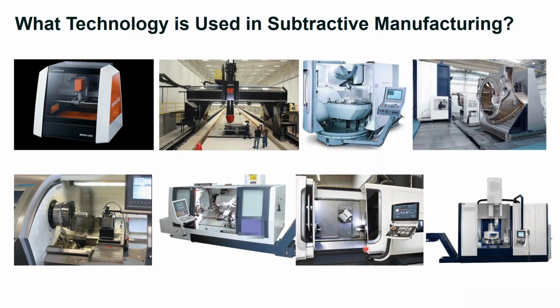In this example, there is a turn mill with a double set of spindles. So we can handle stock transfer between the main spindle and sub spindle, and we can continue to machine the part in the sub spindle. The last one is a mill turn machine with a vertical mill configuration.